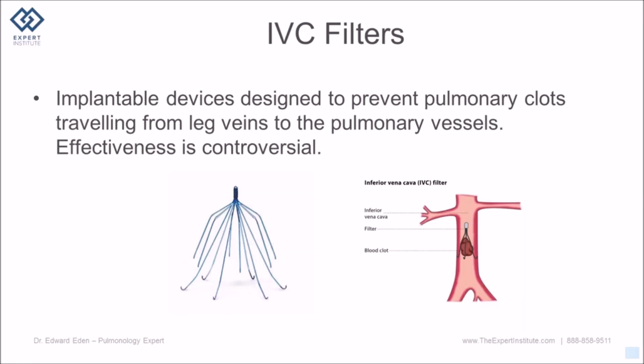There's risk of migration, and several studies have indicated there is no significant difference in certain clinical parameters whether or not you get an IVC filter. So right now, IVC filter effectiveness is controversial, meaning that a patient can still sustain a pulmonary embolus with an IVC filter inside. Next slide.